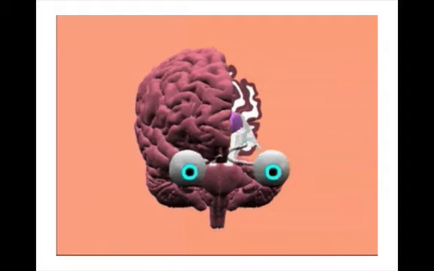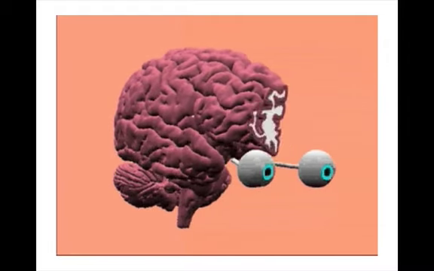Let's peel back the other cortical hemisphere, but leave the primary visual cortex at the back. Get rid of the cerebellar peduncles.